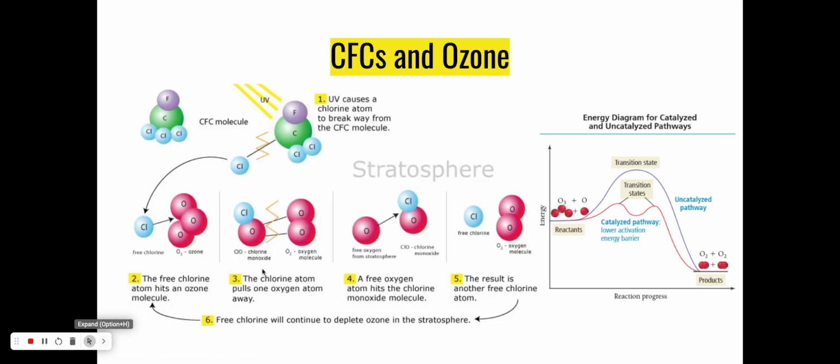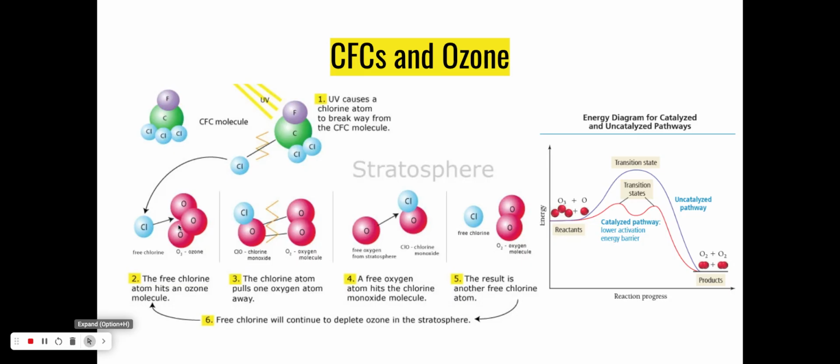So here is actually what's happening with the CFCs in the ozone. As you guys can see, our chlorofluorocarbon is going to break down from UV light from the sun. That free chlorine atom is going to hit the ozone molecule, and it causes the chemical reaction.